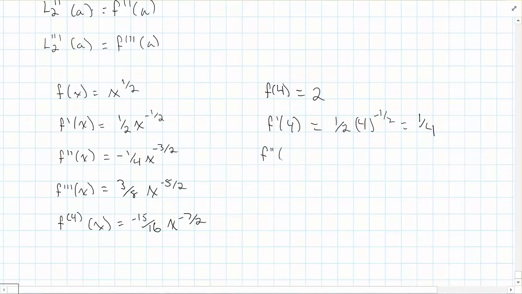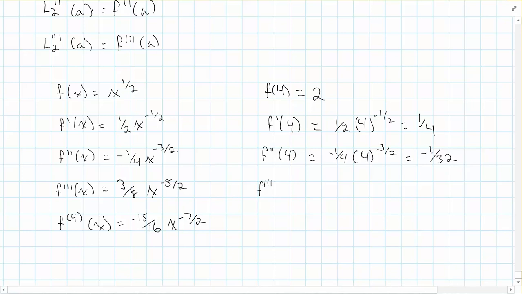F double prime at 4 is equal to negative 1/4 times 4 to the negative 3/2, which is negative 1 over 32.